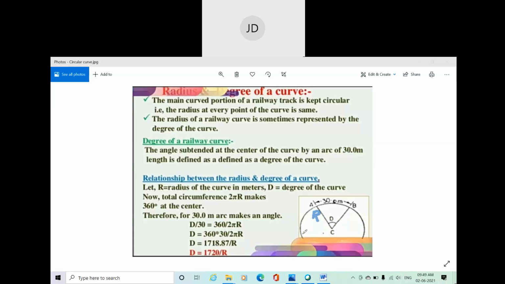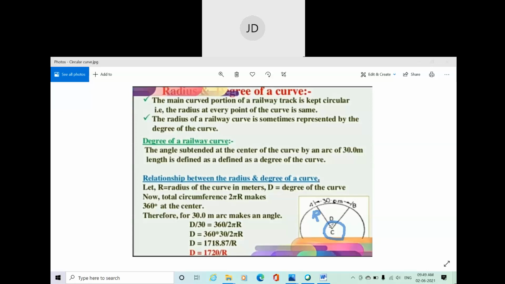From the mathematical point of view, for a circle the total degree is 360 degree. You know these things, right? And the total circumference is twice pi r. From this point of view, we can find the amount of degree for any respective radius.